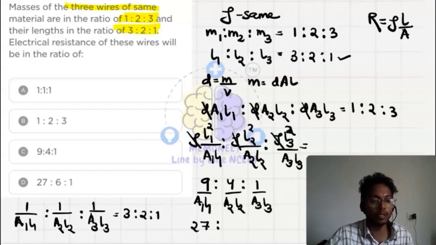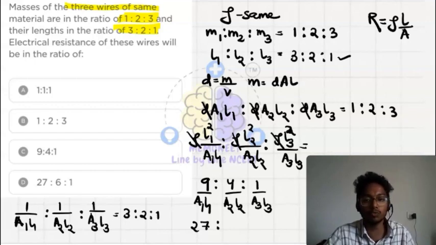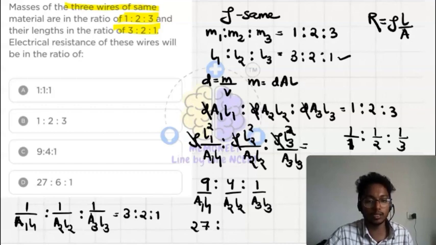Oh yes, I made a mistake here: it is 1 is to 2 is to 3. If I take the reciprocal, it becomes 1 upon 1 is to 1 upon 2 is to 1 upon 3. If I multiply by 3 on each and every ratio, it will be 3, then 3 by 2, and this will be 1. So we have 3 by 2 into 4, which is 6, is to 1. So what will the ratio be? Our correct answer is 27 is to 6 is to 1.